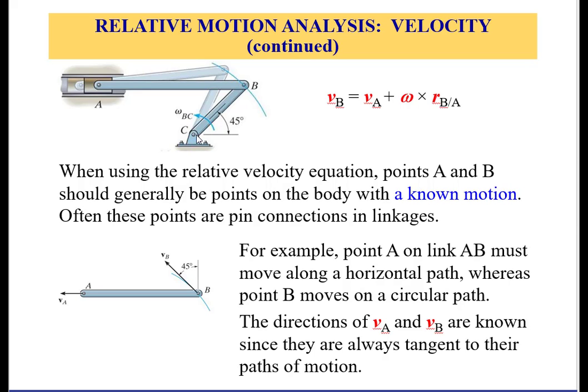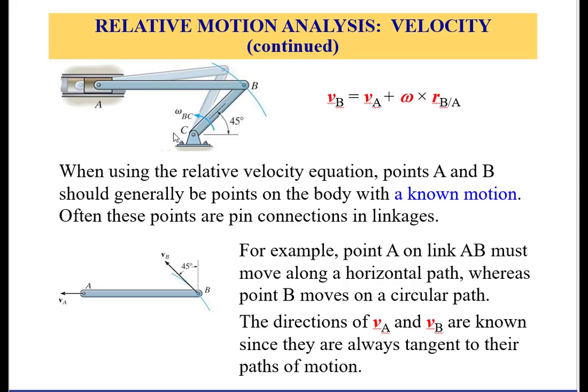Link CB is fixed at point C and rotates counterclockwise, and that is given by the angular velocity BC. And also point B, which is connected to link CB, is connecting to the piston A through the link AB.